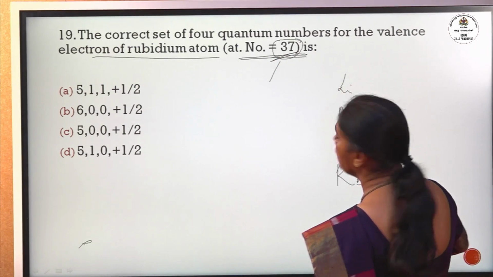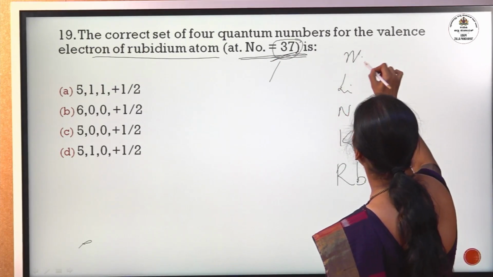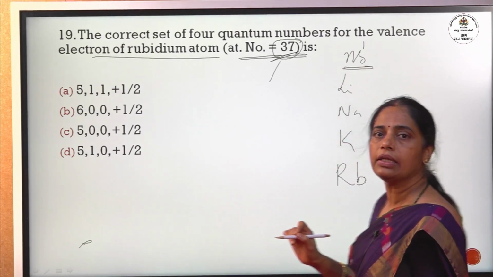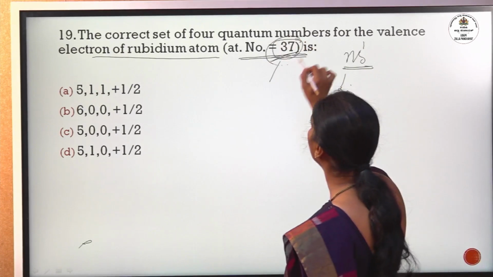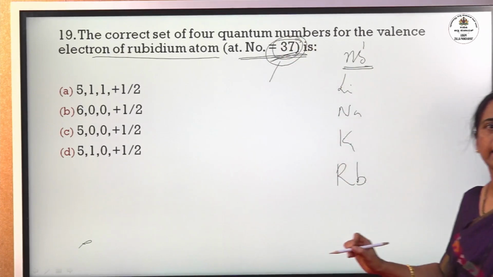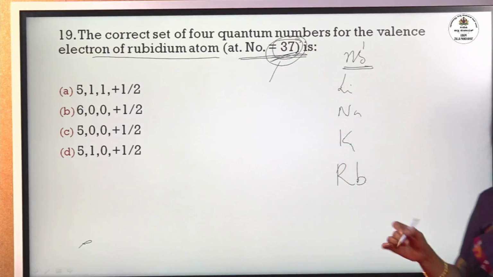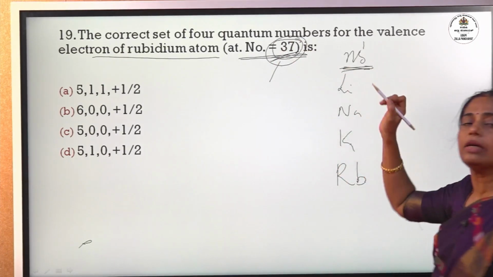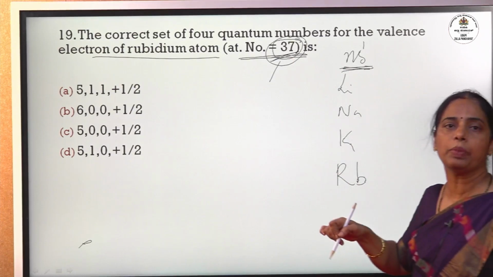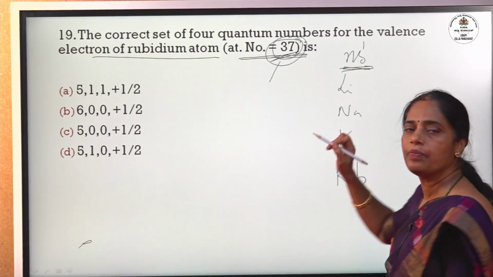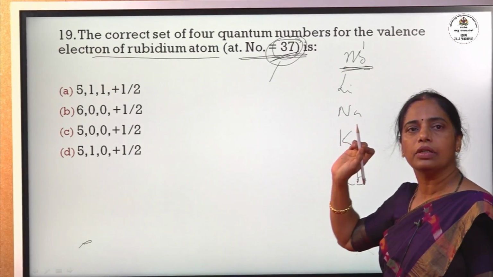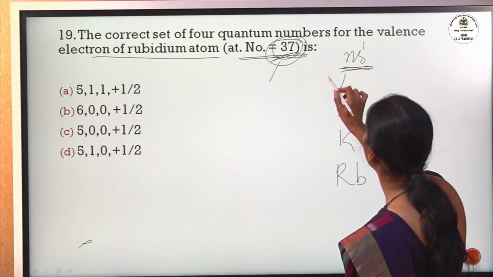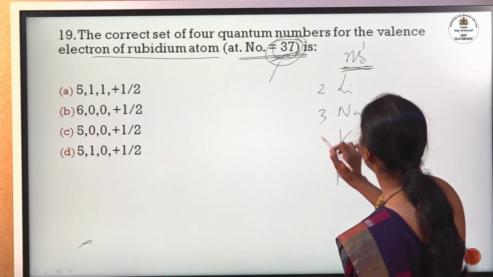From the first group, the valence electronic configuration is ns1. From here also you can calculate, either by writing the electronic configuration completely and getting the shell and subshell of the valence electron, or from the first group electronic configuration you can get the shell and subshell of the valence electron of the rubidium.